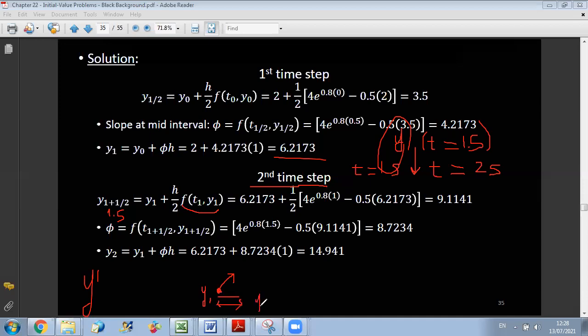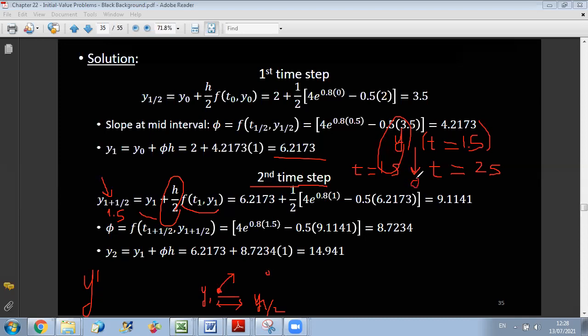This is why, in order to get an estimation of y1 plus half, I do y1 plus h over 2 times y prime at point 1, which is f(t1, y1). Now, once I find y1 plus half, I need to find the slope at this midpoint.